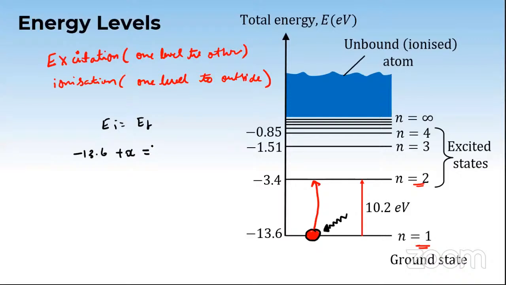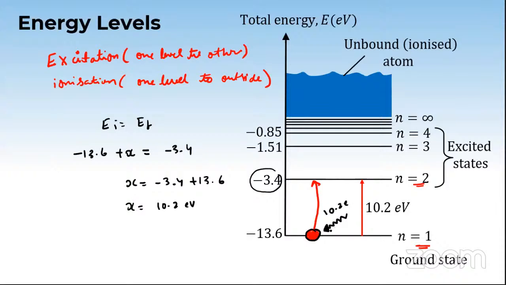It is going to the second orbit. What will the energy be in the second orbit? It will have an energy of minus 3.4 electron volt. Therefore, x is equal to minus 3.4 minus 13.6, which becomes plus 13.6 when it comes to the right hand side. Solve this out, we get 10.2 electron volt. So if this photon has an energy of 10.2 electron volt, the electron will go to the second orbit.